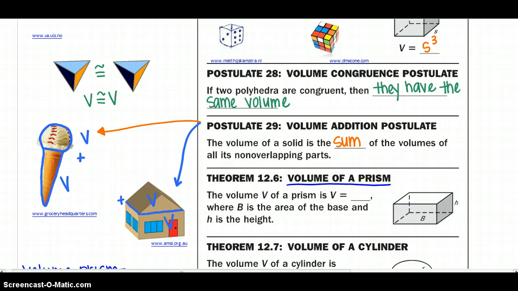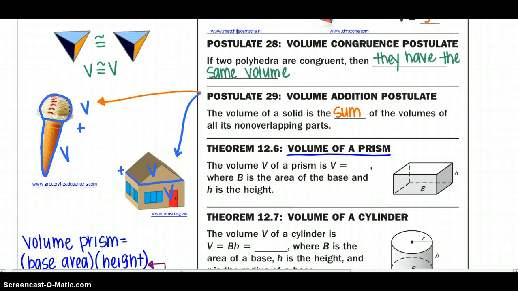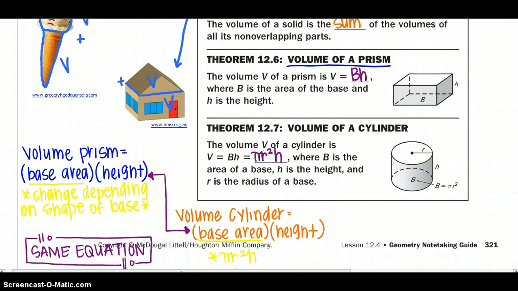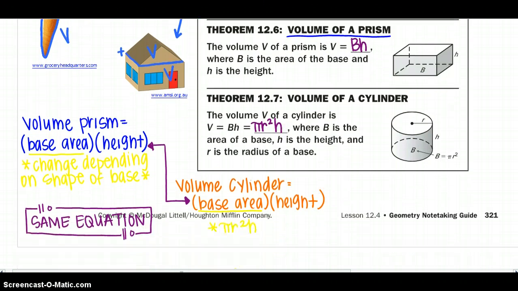Moving on to the volume of a prism, we're going to say the volume equals the base area times the height. The same thing goes with a cylinder, other than our base now is going to be pi r squared, times the height h. I've written them to the side, so make sure you write these down.